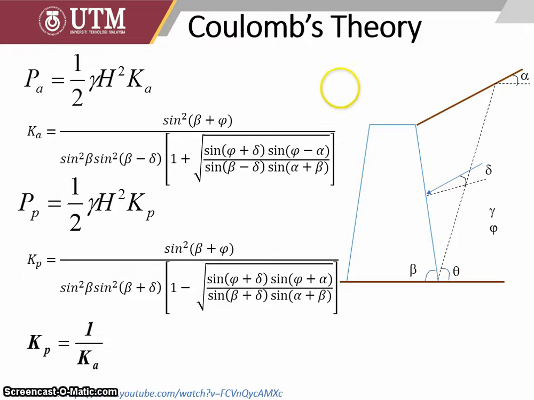So we could say that Coulomb theory is much more detailed, considers more effects, and the pressure produced from Coulomb can be smaller compared to Rankine, due to the friction between the wall and soil.